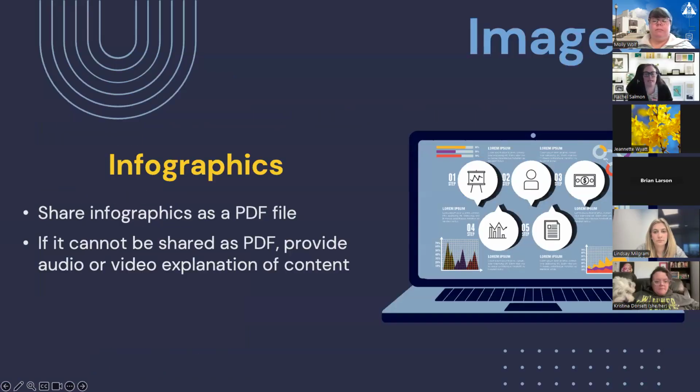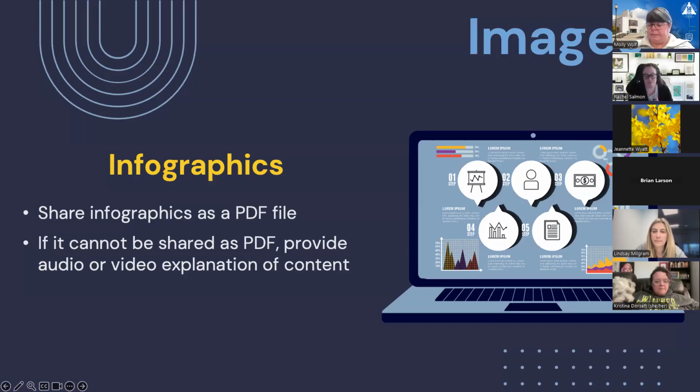Now, one of the big things that comes up when we talk about images and alt text are infographics. Depending on the file type of an infographic, sometimes it's accessible, sometimes it's not. If you have the ability to share your infographic as a PDF file, it will, most of the time, be readable. We still need to check; we're going to talk about PDFs, so don't worry.